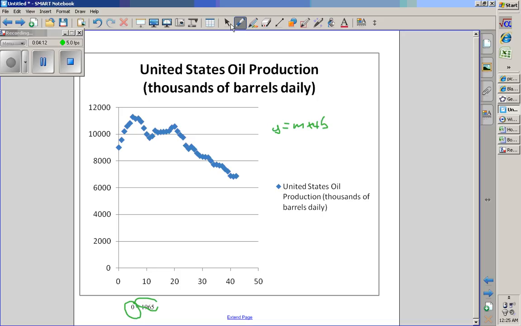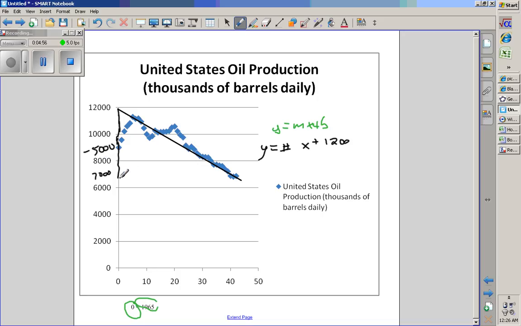I can draw my line of best fit, and it looks like it's going to go up about through there. I know it's not the best, I'm just doing the best job I can. So it looks like my b is going to be around 12,000, and I have y equals mx plus 12,000. Well, it looks like I'm going down from 12,000 to 7,000, so I'm going down 5,000.